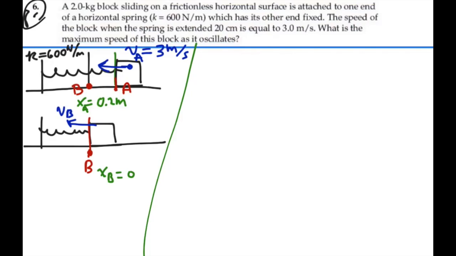Okay, so that's our problem right there. We have the one equation to rule them all: kinetic energy at A plus potential energy at A plus any work done along the way will equal kinetic energy at B plus the potential energy at B. We have no work done along the way in this problem because the spring, even though it's doing work, is a conservative force, so we've accounted for it by potential energy.